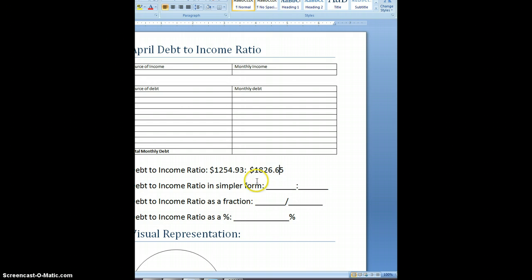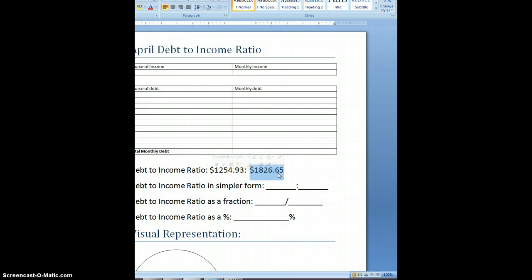One option is dividing both of them by 10 and ending up with a ratio that has a decimal. If I were to divide this value by 10, $1,254.93, my quotient would be $125.49, and if I were to divide $1,826.65 by 10, my quotient would be $182.66.